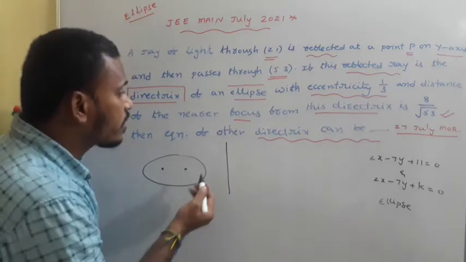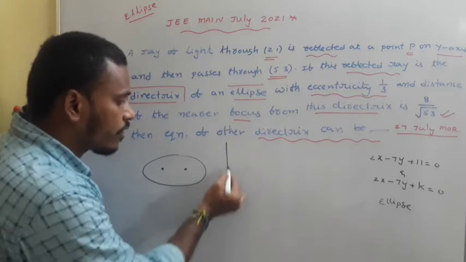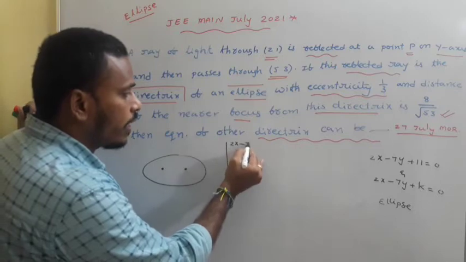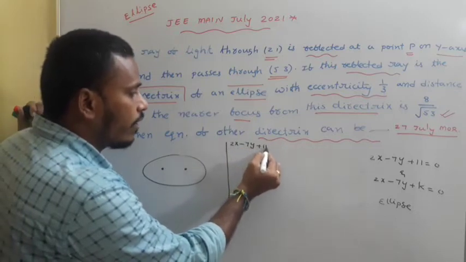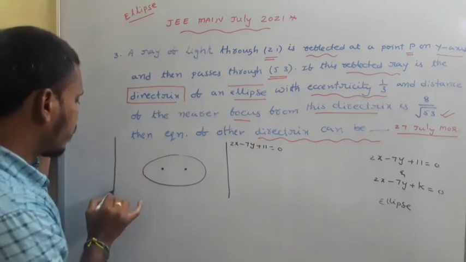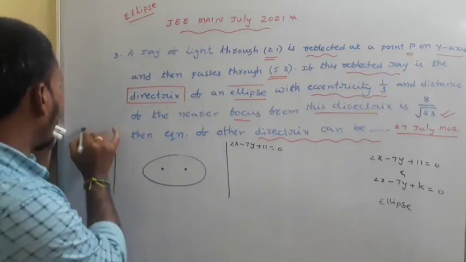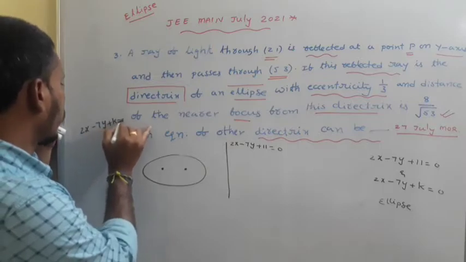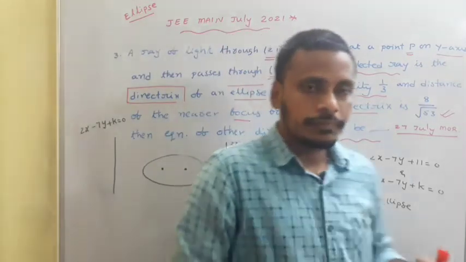Okay, this is the known directrix, which I say as 2x minus 7y plus 11 is equal to 0, and you will have another directrix here, and say its equation is 2x minus 7y plus k is equal to 0, as I said, right?